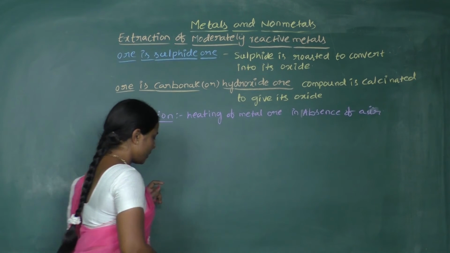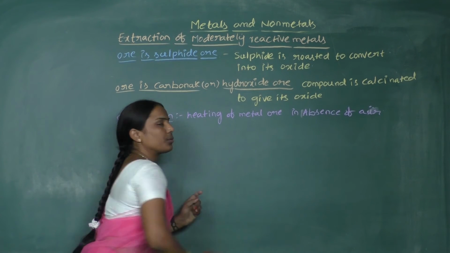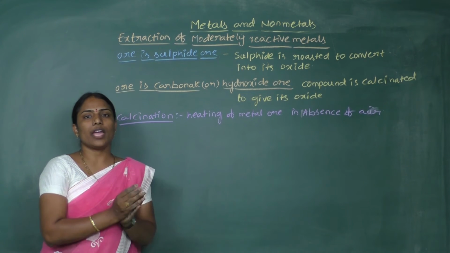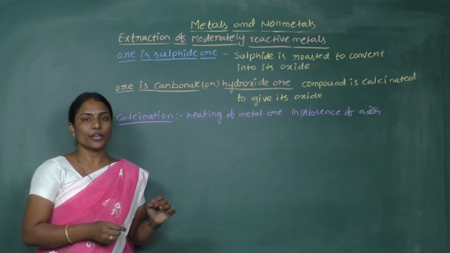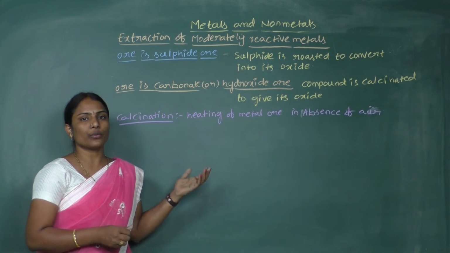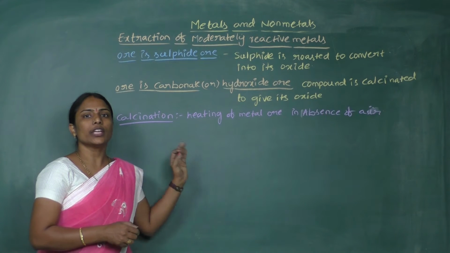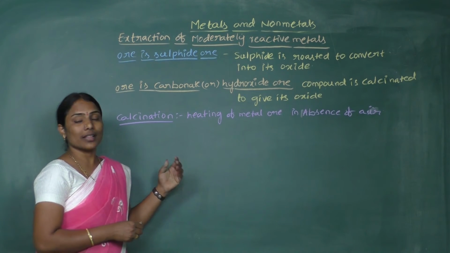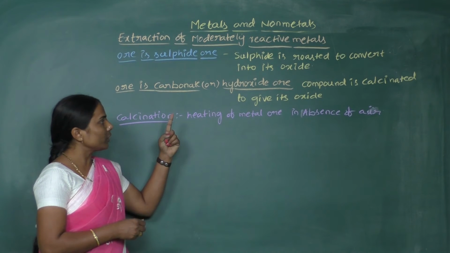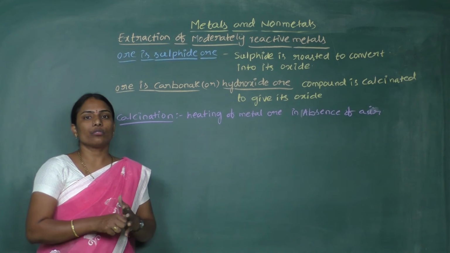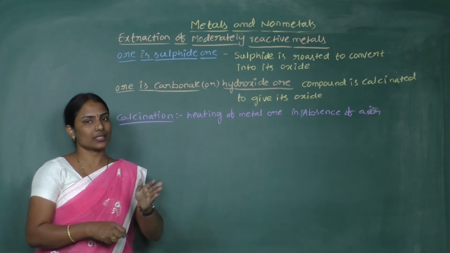The main aim of all these processes is to convert the given metal sulfide, carbonate or hydroxide ore into the corresponding oxide. If the selected ore is a sulfide ore, we will use the roasting process because roasting will convert the sulfide into its oxide.